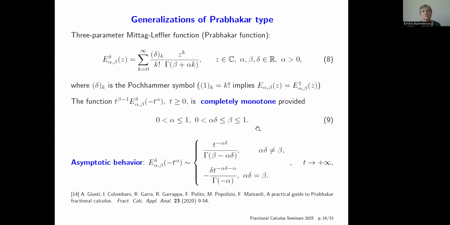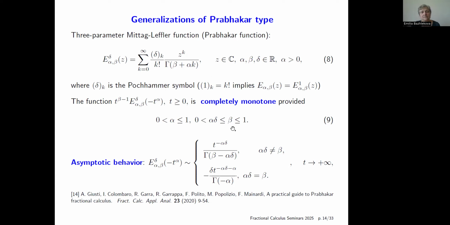We continue with generalizations of Prabhakar type, the classical Prabhakar function, and corresponding complete monotonicity results when alpha is between 0 and 1, and these inequalities are satisfied.